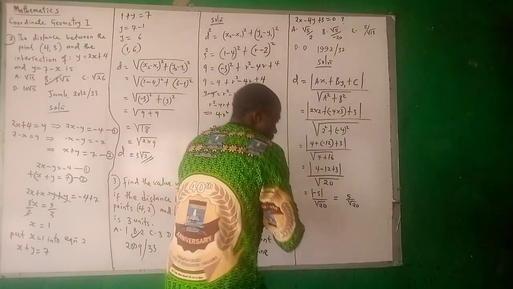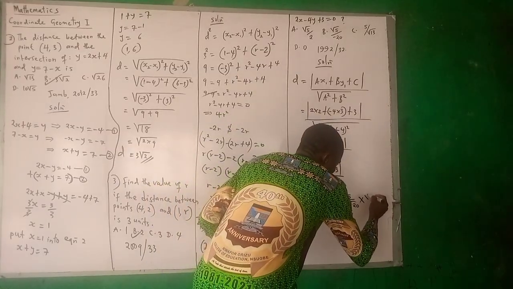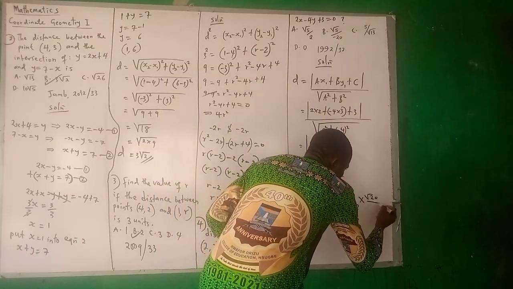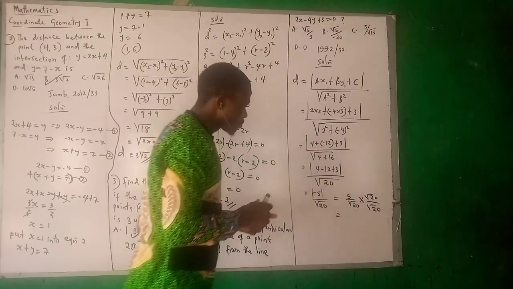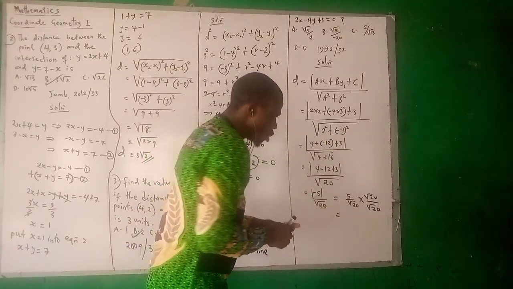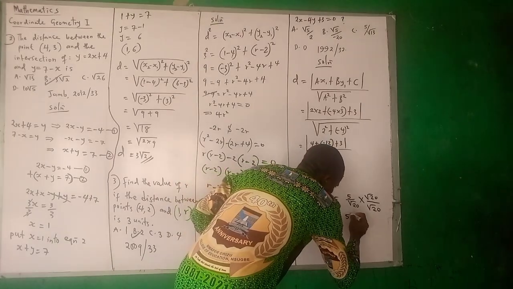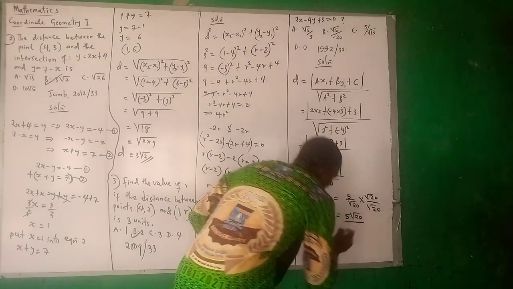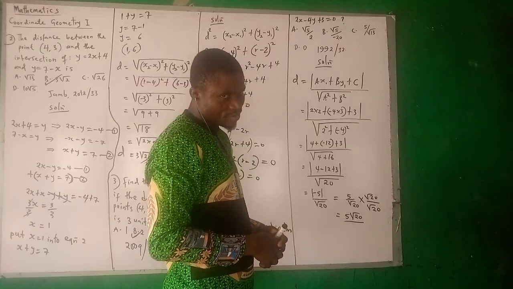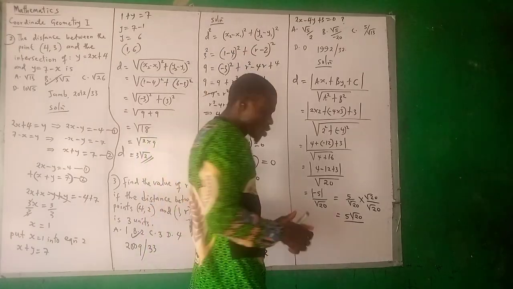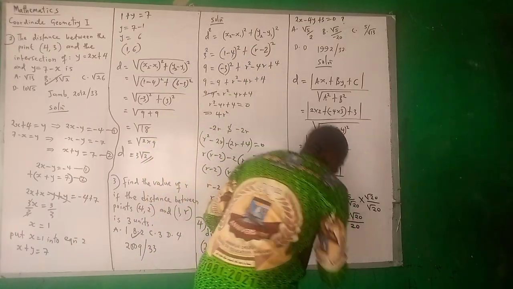By rationalizing this, I'm going to multiply the numerator by root 20 and the denominator by root 20. So 5 times root 20 will give me 5 root 20, and root 20 times root 20 is 20.